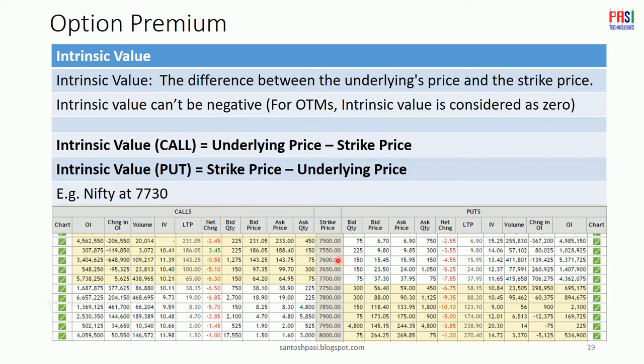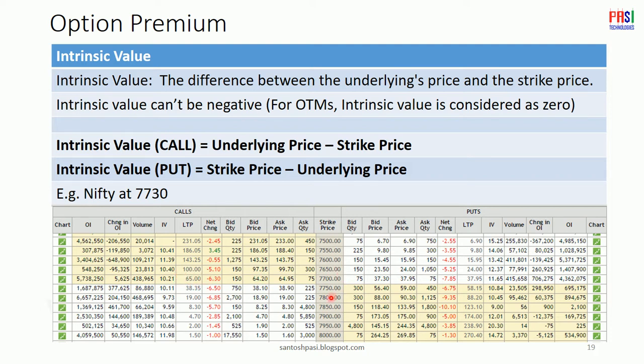Let's take the example of 7600. Here the last price is 7730, so 7730 minus 7600 is 130. So 130 is my intrinsic value, and the extra, that is 13 rupees 25 paise, is my time value. Also, if you're going for 7700, in this case 30 is my intrinsic value and 35 is my time value.